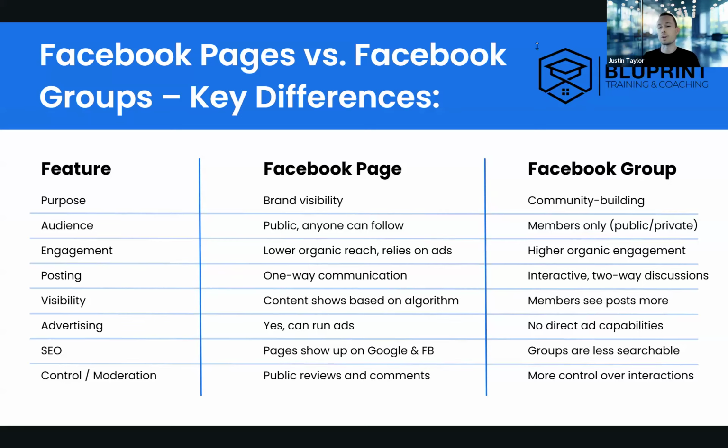Posting, again, that one-way communication. You're making a post, people can leave comments, of course, but it's really just you're speaking one way. You're giving information one way, as opposed to a group. Everyone in the group can post if you have it set that way.